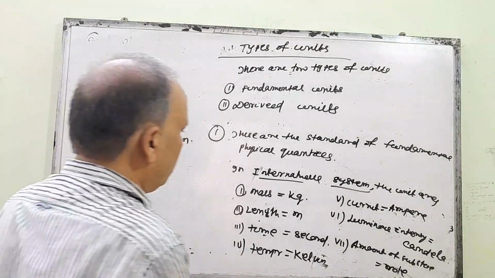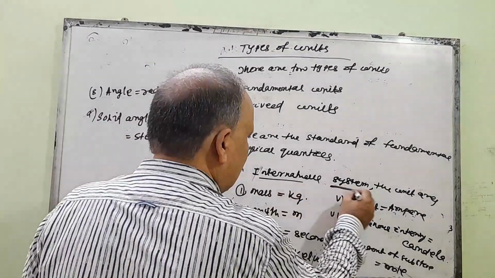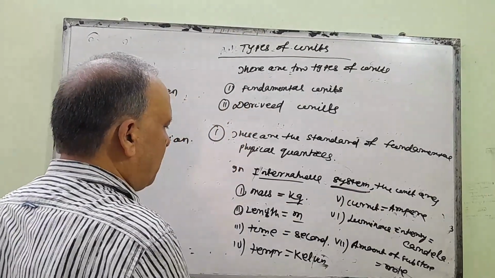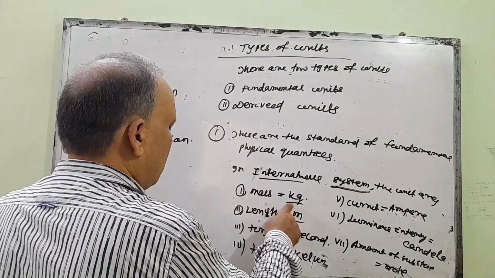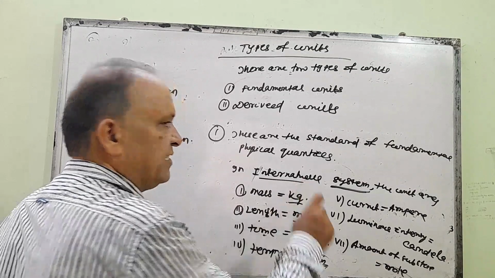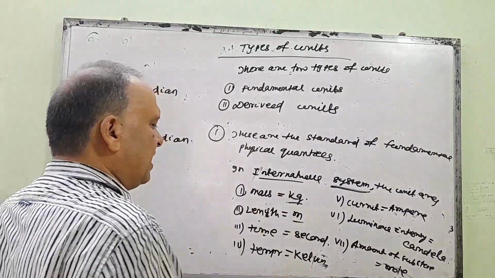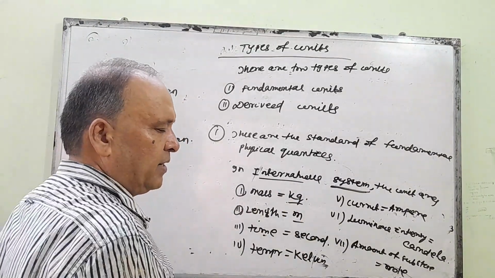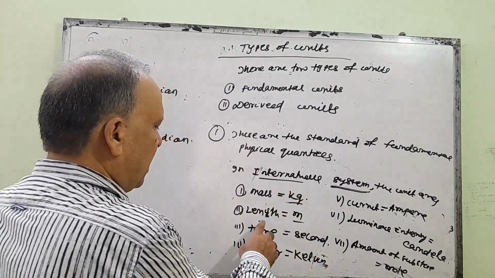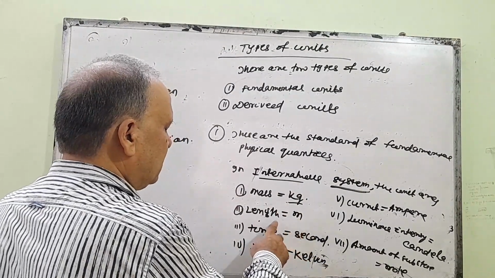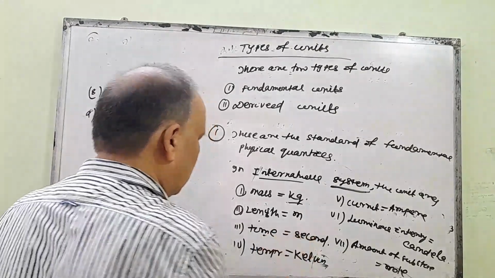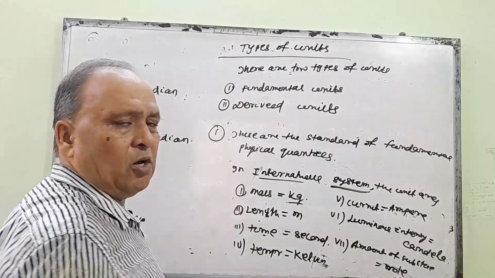And you know, in the international system, these are the units. That means these were found at first. What is the unit of mass? At first it was determined as kg. After that you find gram, centigram, milligram like this. Similarly, the unit of length is meter. At first meter was found, after that centimeter, kilometer, decimeter.